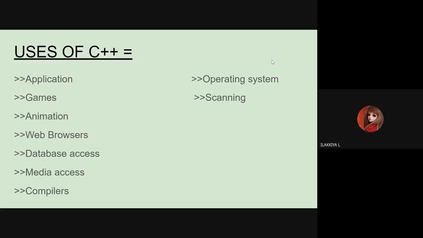This language is used for developing browsers. C++ is used for making Google Chrome and Mozilla Firefox, and some of the applications are written in C++, of which the Chrome browser is one.